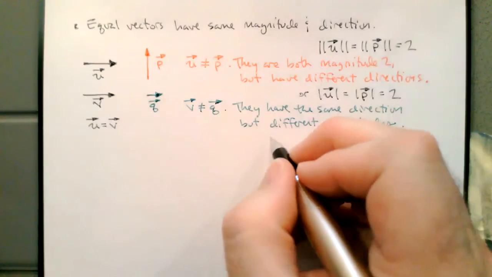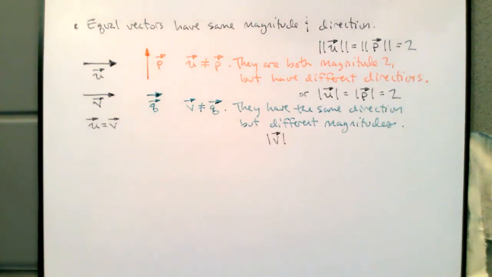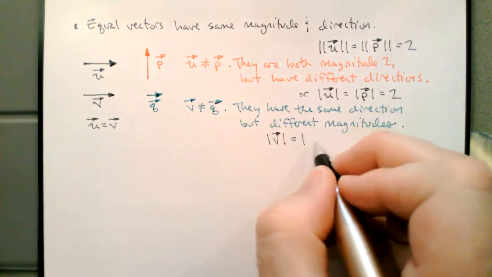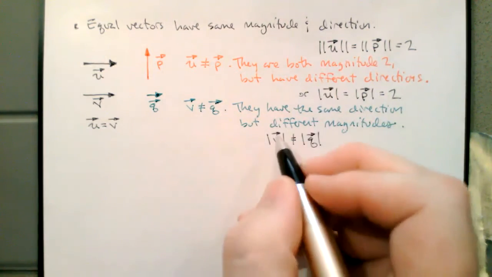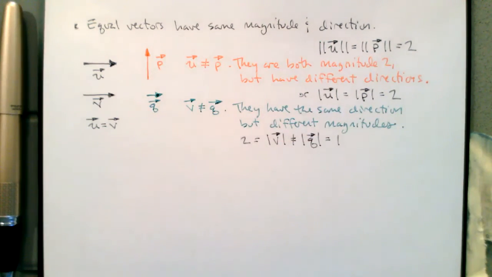In this case, the magnitude of v, I gotta check your book. Does your book use absolute values or just the double absolute values? They just use absolute values. The magnitude of v is equal to 2, and the magnitude of q is equal to 1, and those two values are not the same. But they are pointing in the same direction.